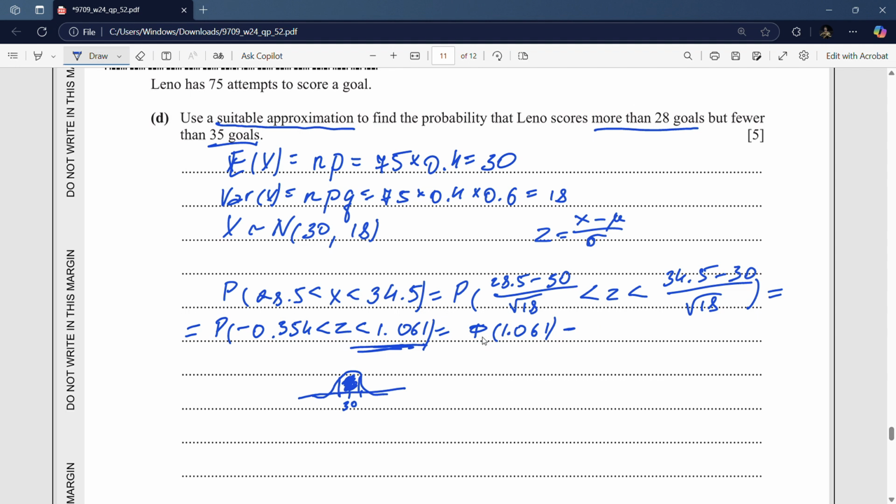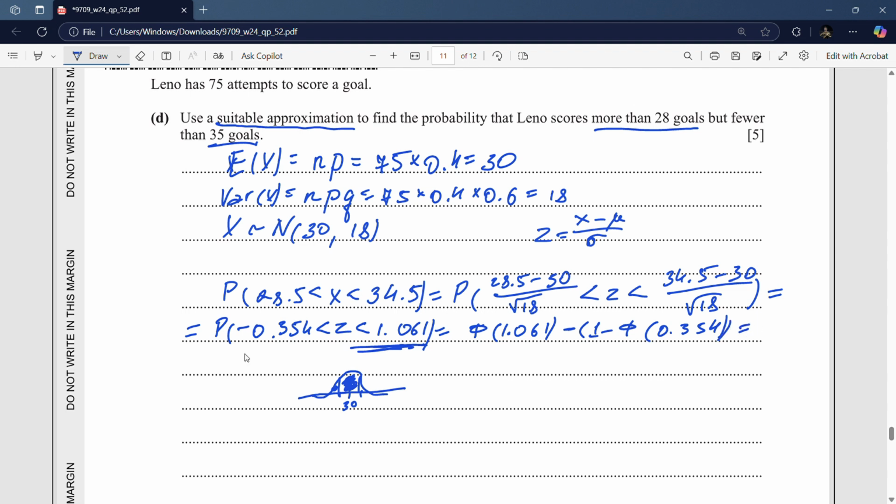We are representing it with phi of 1.061, and then we have to subtract this area. Here it is a negative value, however z is greater than it, which means to subtract it: 1 minus phi of 0.354.